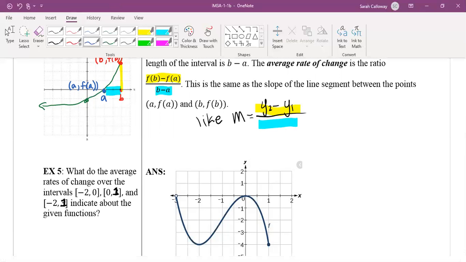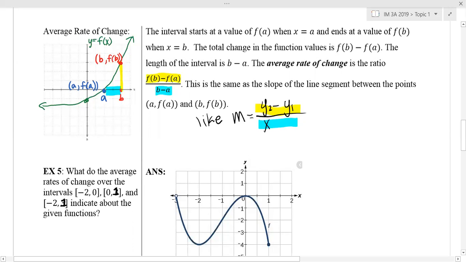And so that, if you think of your slope formula of a line, is x2 minus x1. So remember, average rate of change is referring to a function that's nonlinear. And so the average rate of change is the same as the slope of the line segment between the points. So if this were a perfectly straight line, that would be its slope. So that's why I'm comparing it to the slope formula.